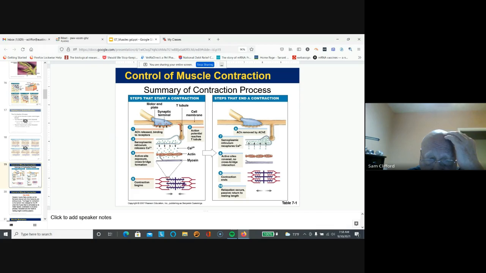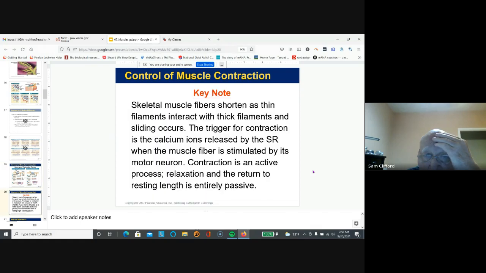The myosin heads have been energized by ATP, and they pivot, and they cause the muscle to contract by pulling the actin into the center of the sarcomere. Once contraction is done, acetylcholinesterase breaks down acetylcholine. The active sites are covered, and the myosin heads detach, and the myosin heads are energized again, ready for contraction.